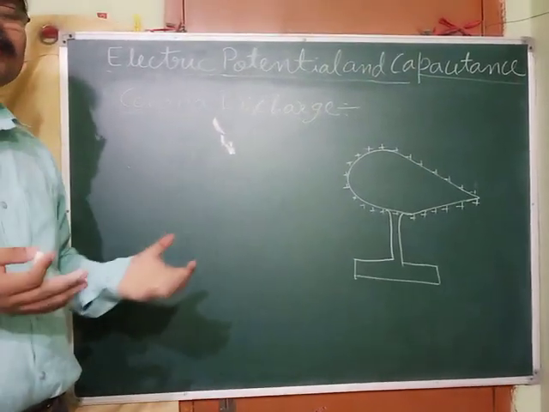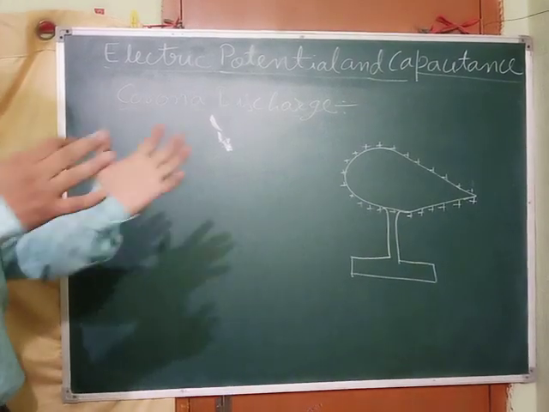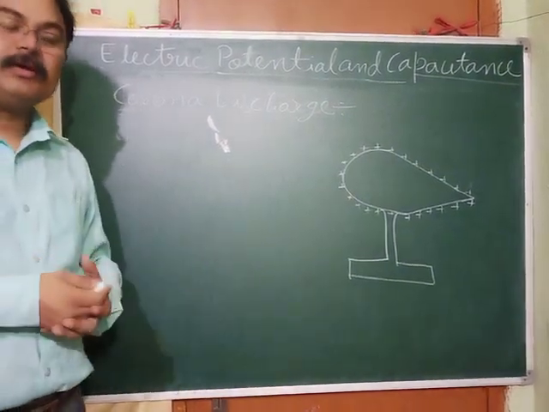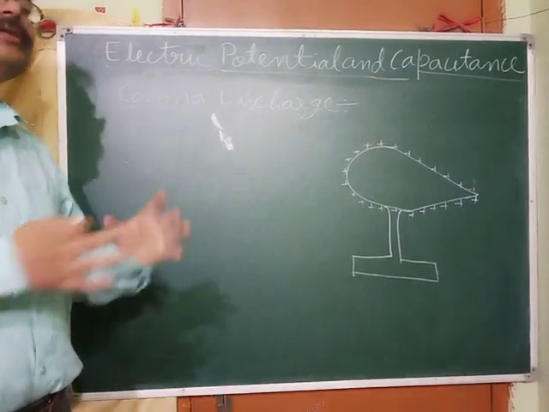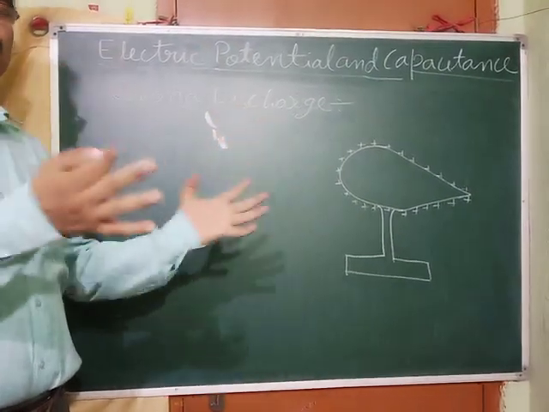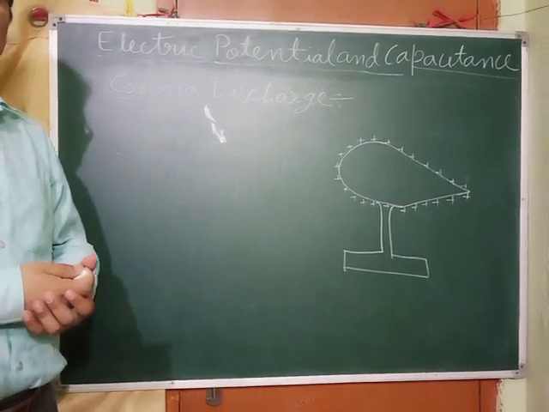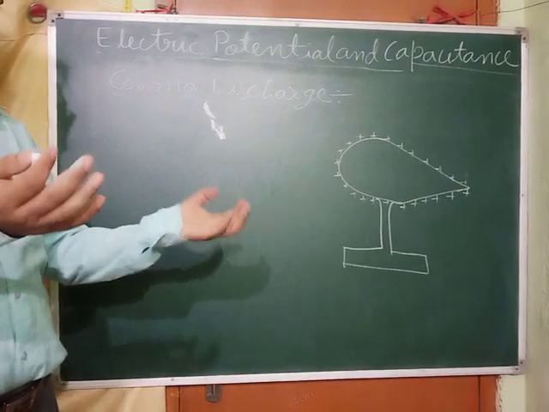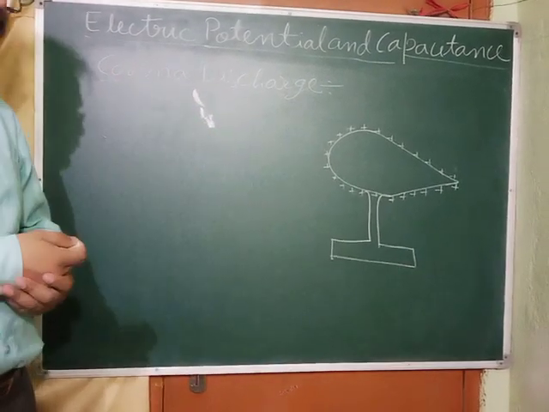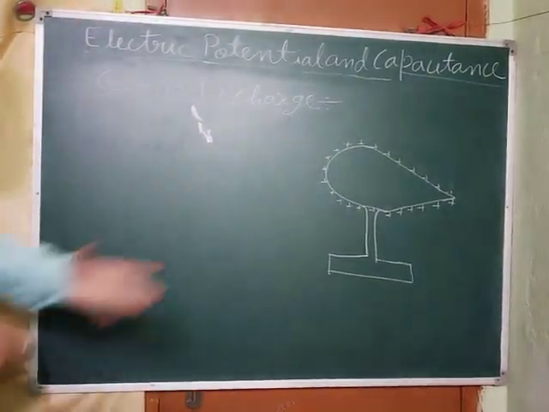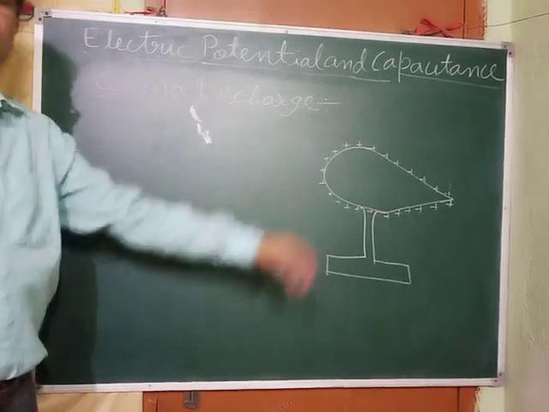A conductor is a material in which they are free to travel, so they try to maintain the maximum distance. For that they reach the outer surface of the conductor. Charges don't remain inside the conductor, they move out to the outer surface.